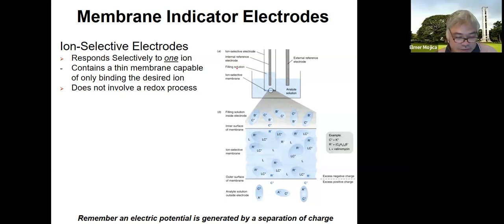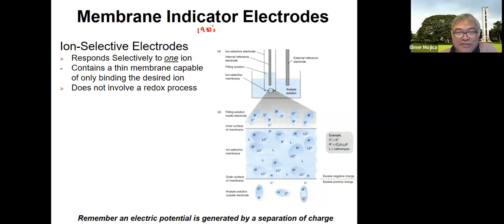If we look at this ISE, we can begin with how membrane electrodes are constructed and how they function by examining in some detail the glass electrodes for pH measurements. It started as early as the 1930s, when they found that the glass electrode is much better for determining pH. It is the most convenient way of determining pH, by measuring the potential difference across a glass membrane separating the analyte solution from a reference solution of fixed acidity.